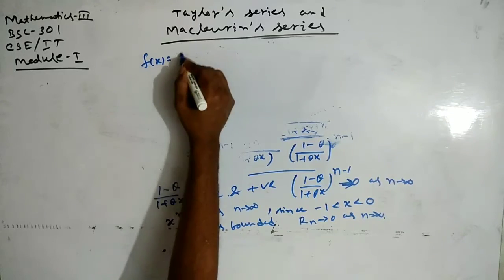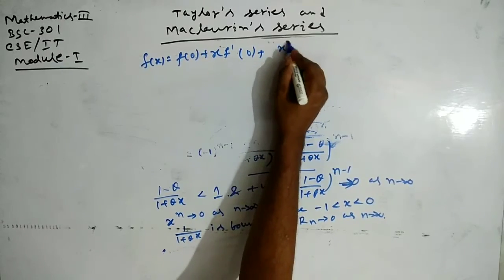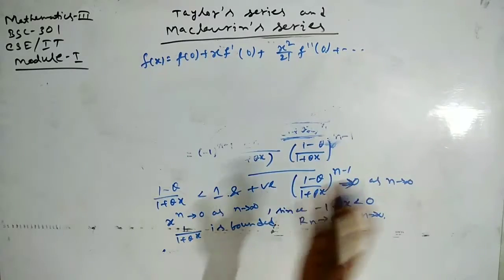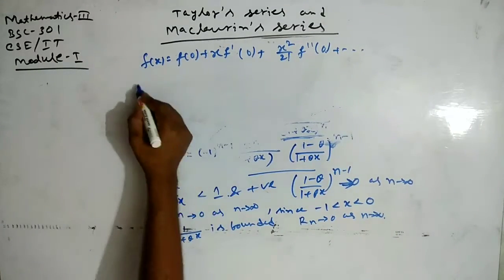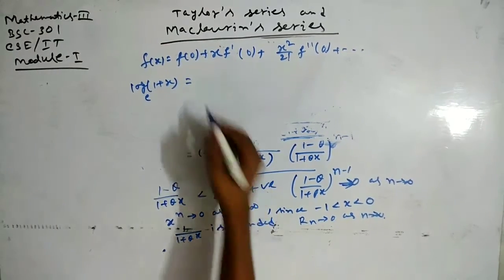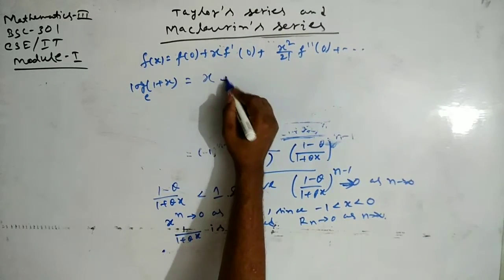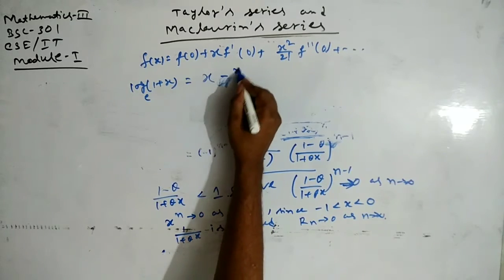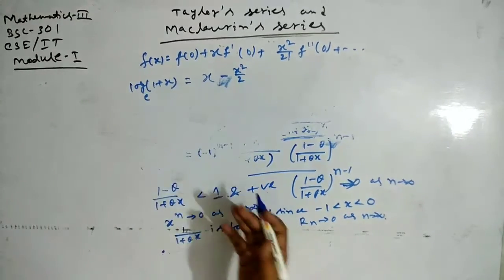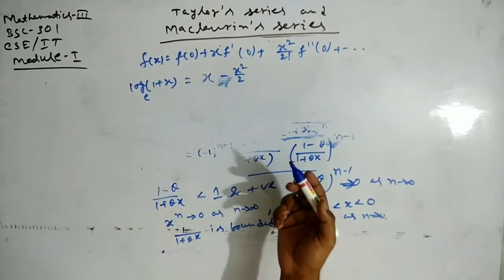f(x) equal to f(0) plus x f'(0) plus x square by 2 factorial f''(0) up to, this will continue infinitely. So f(x) is here log of 1 plus x to the base e, and f(0) will be 0 if we put the values. f'(0) is 1, so this will be x minus x square by 2.